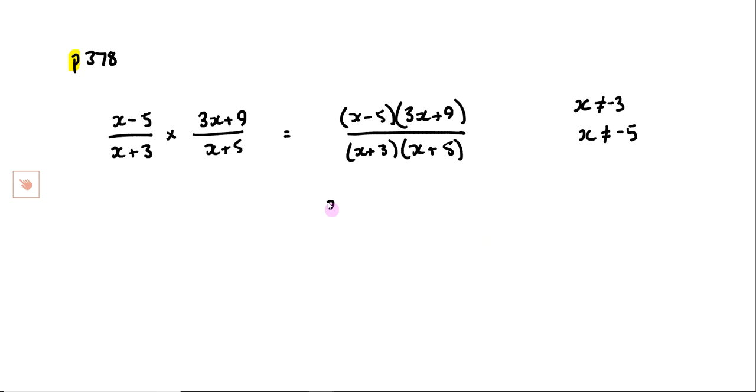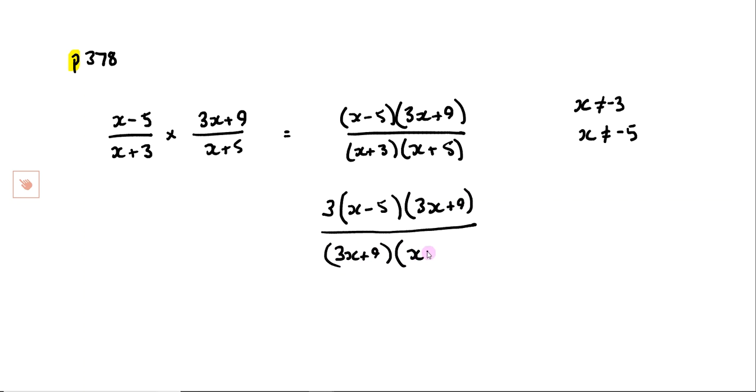So we've got 3 lots of x minus 5 and 3x plus 9 over, should we do that? Yeah, do that. 3x plus 9 and x plus 5. So we could cancel that, which is then 3 lots of x minus 5 over x plus 5.